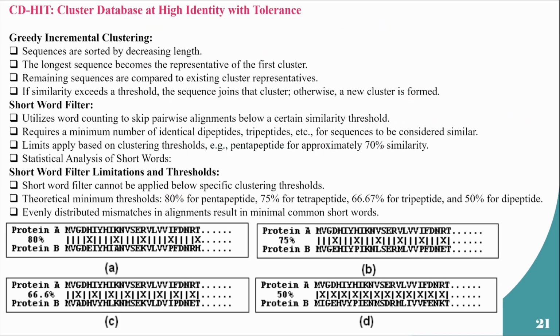So one of the softwares Professor Gromiha went over was this one called CD-HIT, right? So it stands for Cluster Database at High Identity with Tolerance, right? Now the concept of this particular program is that it uses something called greedy incremental clustering. So firstly, you are providing, let's say, several sequences, let's say 20 sequences.